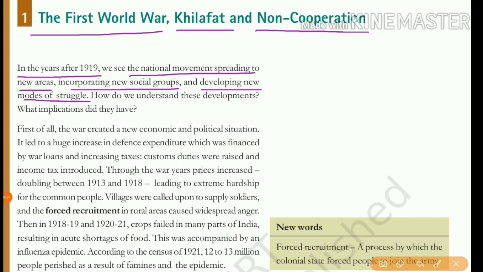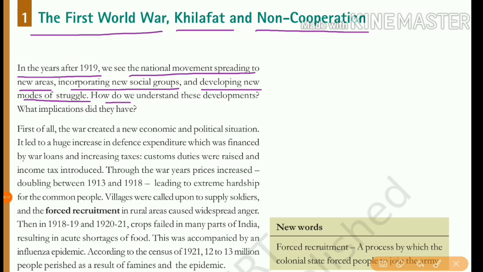So after 1919, the Indian national movement spread to new areas, meaning throughout India, incorporating new social groups, meaning different social groups are integrated together, and developing new modes of struggle. New modes here specifically means the non-violence movement, that is Satyagraha.